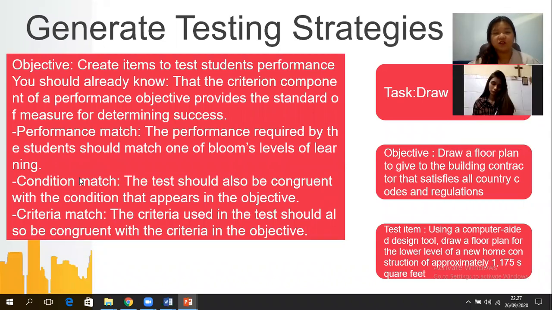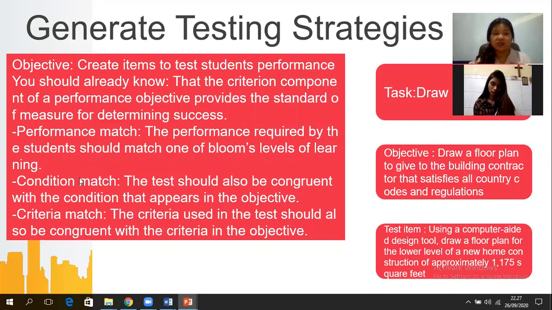Okay, so this is the general testing strategy. The objective of the general testing strategies is to create items to measure the students' performance. You should know that the criterion component of a performance objective provides the standard to measure for determining success.